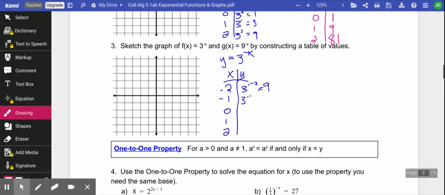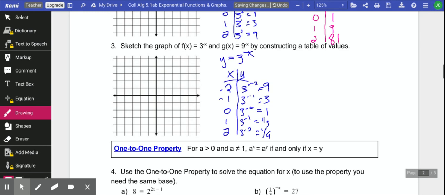We're going to do 3 to the -1, which is just 3 to the first. 3 to the -0, which is just 3 to the 0. And then 3 to the -1, which is 1/3. And 3 to the -2, which is going to be 1/9.